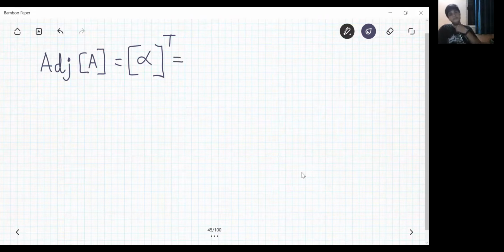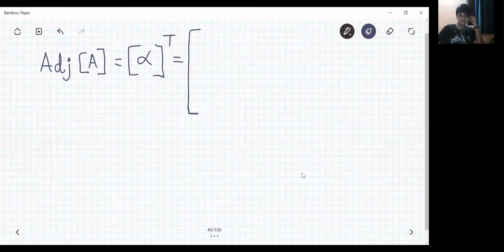Alpha is enclosed in a rectangular bracket, and above we write the letter T. This one is not a power; it is read as the transpose of matrix alpha, or the transpose of the cofactor matrix of A.